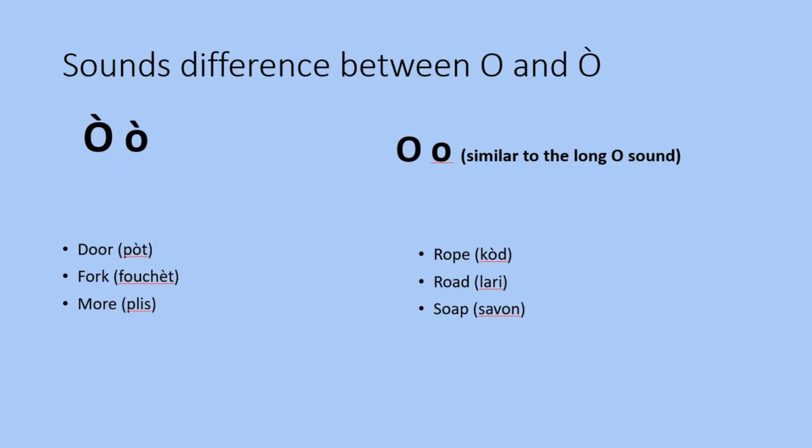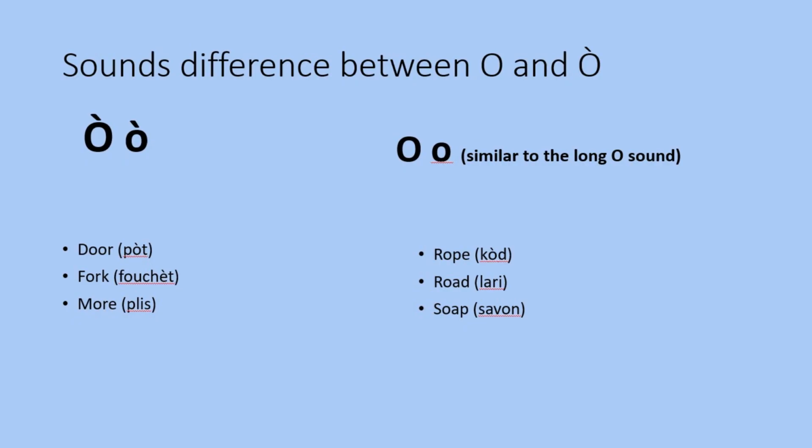So then you have some words where it has the accent on the O. So then the sound is O, right? It sounds more like O-R, like or. Without the R, it has the O sound, like door, which is pot in Creole, or fork, which is fourchette in Creole, or more, which is police in Creole.